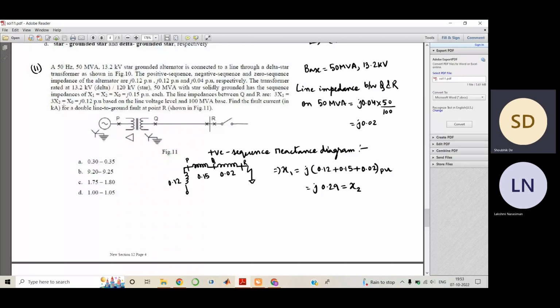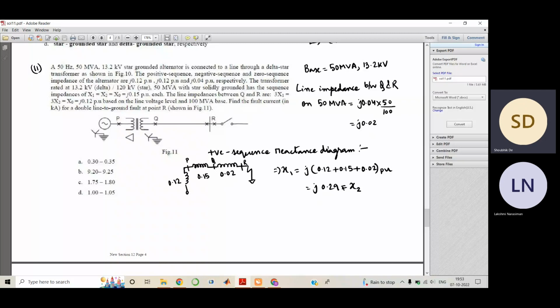So 3x1 is 0.12, so x1 would be 0.04. But you see this line is on a 100 MVA base, while our base is 50 MVA. Therefore this would be 0.02, because the transmission line is based on 100 MVA. Hence when you add these up, this would be 0.29.